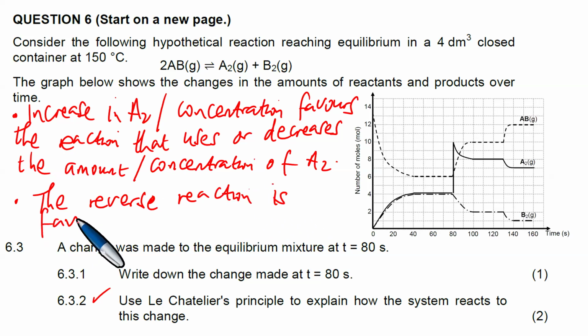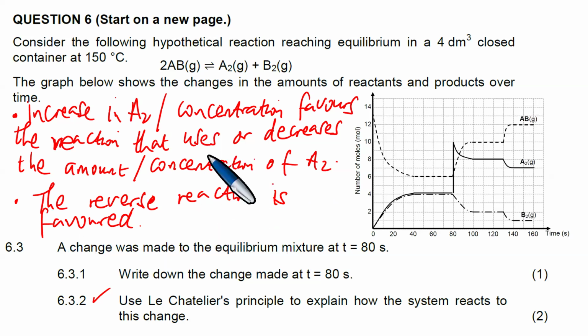Okay, let's look at this one, please. Use Le Chatelier's principle to explain how the system reacts to this change. Now, an increase in A2 concentration favors the reaction that uses or decreases the concentration of A2. The reverse reaction is favored.